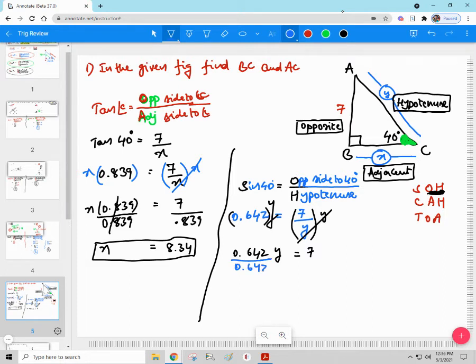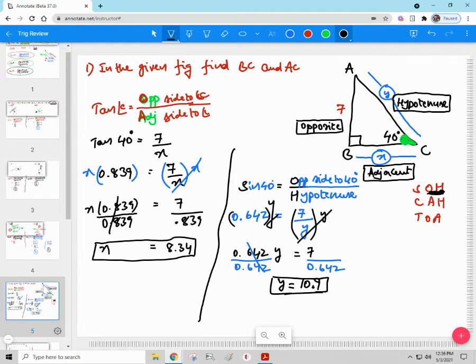Division by 0.642 on both sides. After the cancellation, y equals 7 divided by 0.642. That's giving me 10.90. So I'm just dropping that. Therefore, this is going to be the hypotenuse.